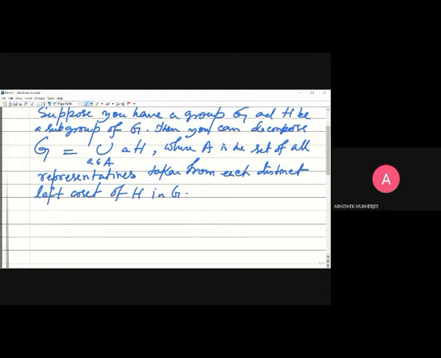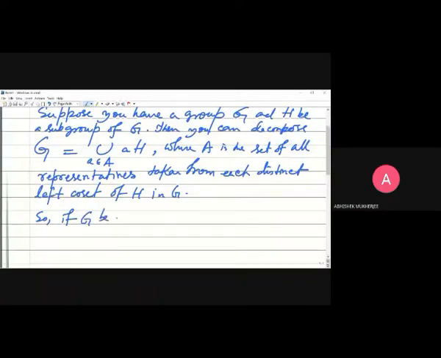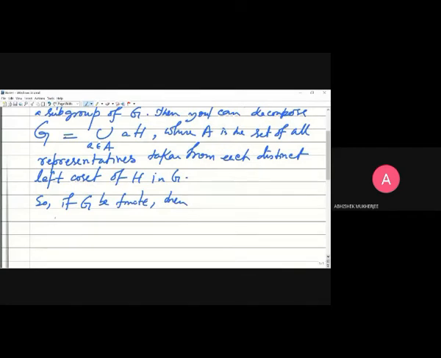So if G be finite, then you can write that the cardinality of G, the order of the group, is actually the summation of the cardinality of aH where a belongs to A, right?